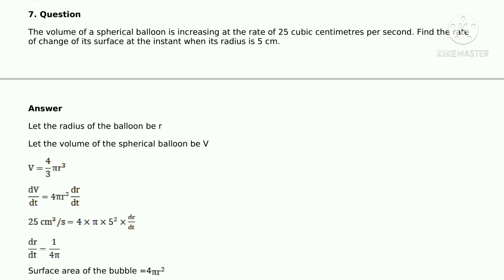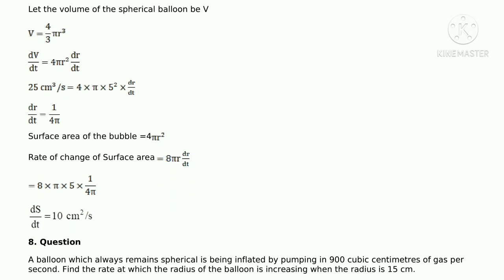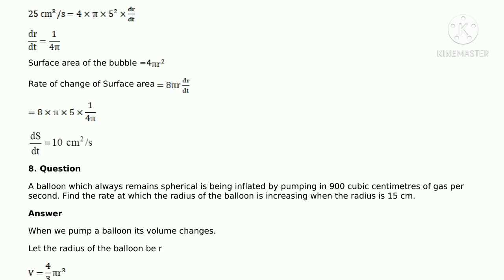Okay, next we have to find the surface area. The surface area of a sphere formula we know, surface area equals 4 pi r square, isn't it? So we write 4 pi r square, and now we have to differentiate this with respect to time. If we denote the surface area by S, then dS/dt equals 8 pi r dr/dt. r we know is 5 centimeters, and dr/dt value we know is 1 by 4 pi.